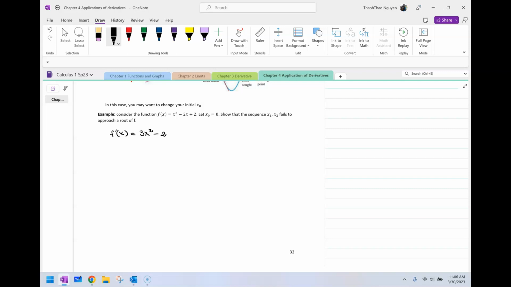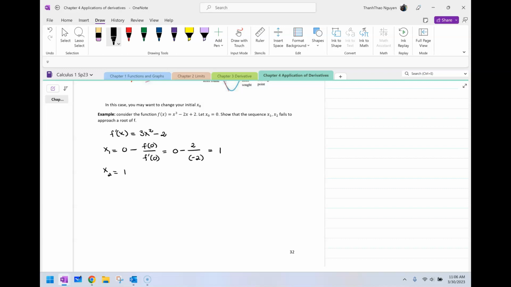Let x naught equal 0, so x1 equals 0 minus f of 0 divided by f prime of 0, which equals 0 minus f of 0, which is 2, divided by f prime of 0, which is negative 2. That equals 0 plus 1, so this is 1.